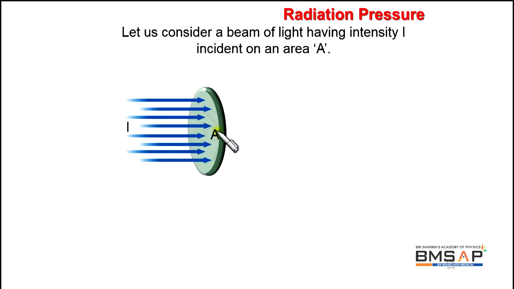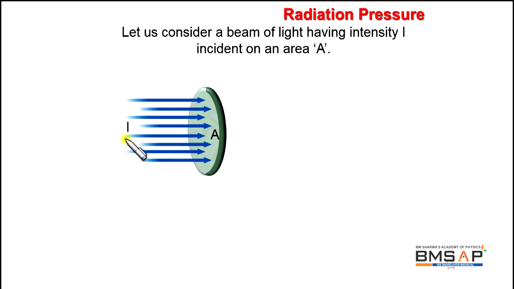So you can observe here the angle between the area vector and the direction of the motion of the photon is 0 degree. That means the photon direction, the ray direction, and the area vector are both in the same direction, that is 0 degree. In this case we can find the power incident on the surface, because intensity is the power crossing unit area.